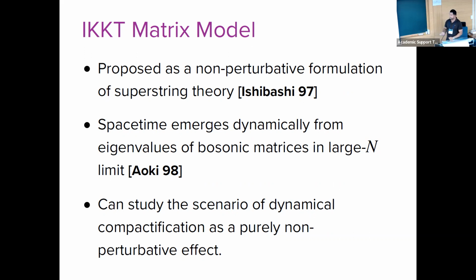So we can study the scenario of dynamical compactification, where certain directions are compactified dynamically, and we can treat that as a purely non-perturbative effect. We can put our model on a computer, similar to what Raghav mentioned in his previous talk, with a non-diagrammatic approach, so we can probe the non-perturbative regime of the theory.